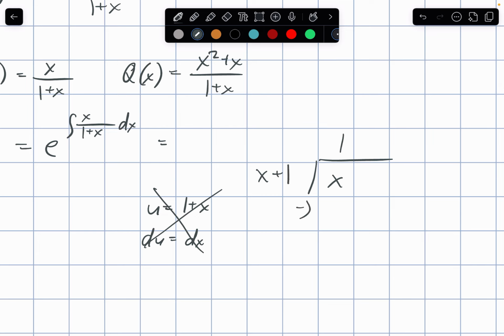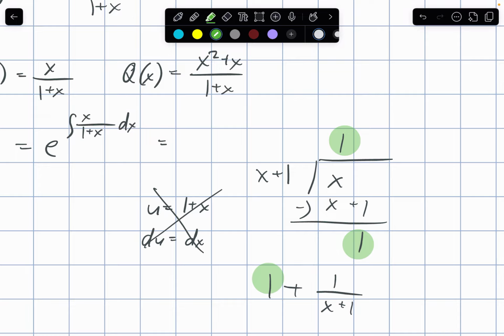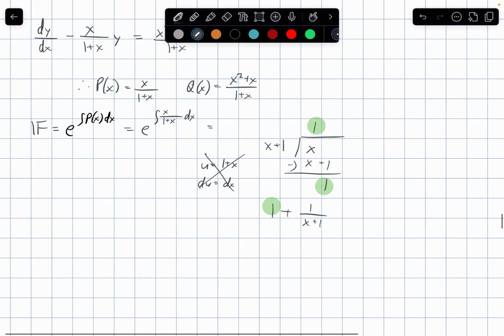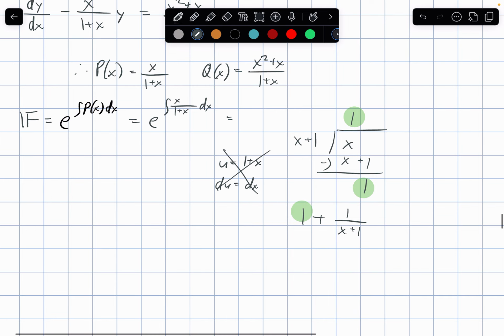Okay, so 1 over x plus 1. 1 plus 1 over x plus 1. 1 here, and then what's at the bottom is at the numerator. Then you copy the denominator as this one. Okay, so we haven't derived yet.